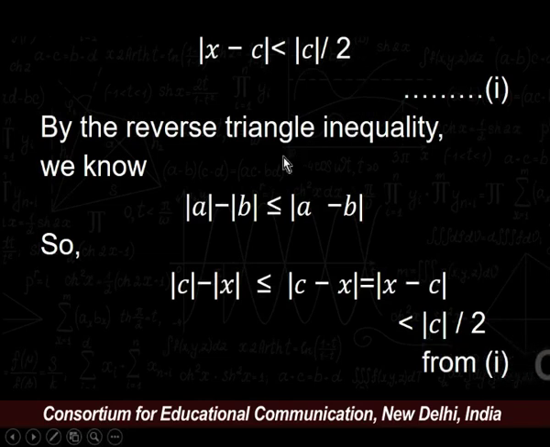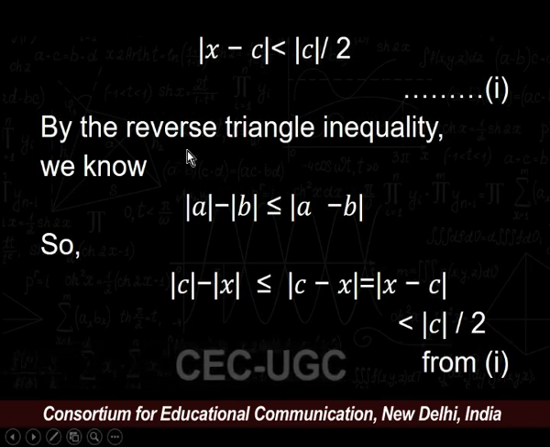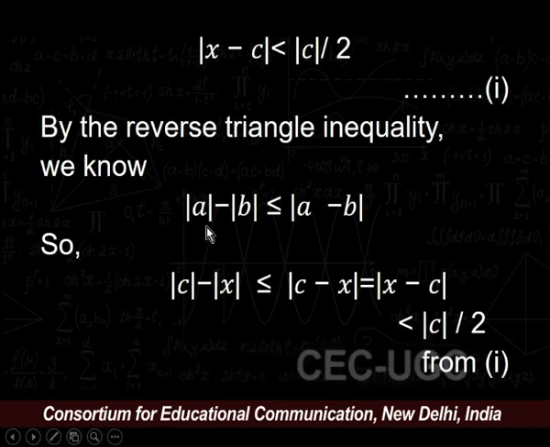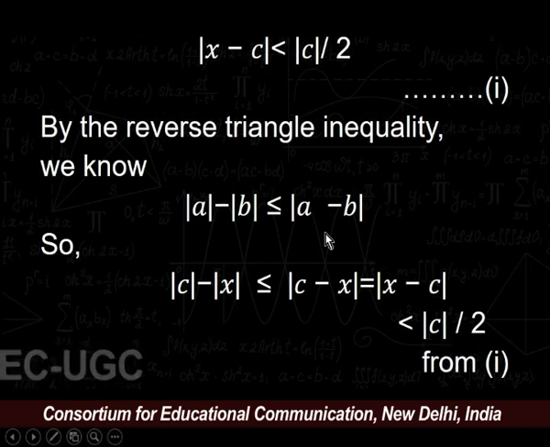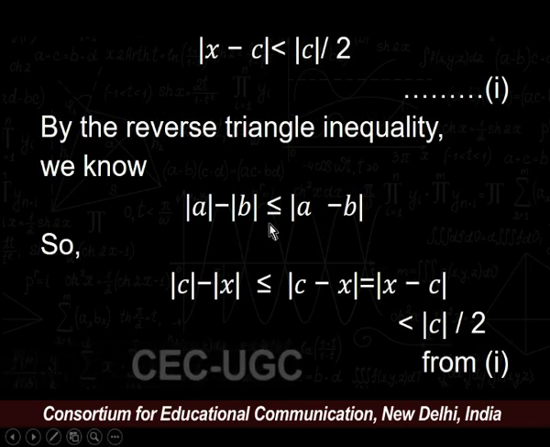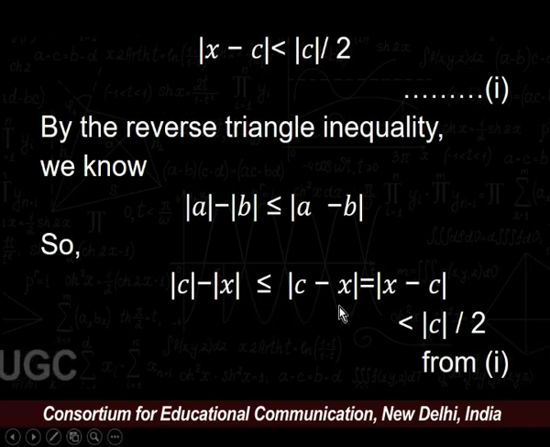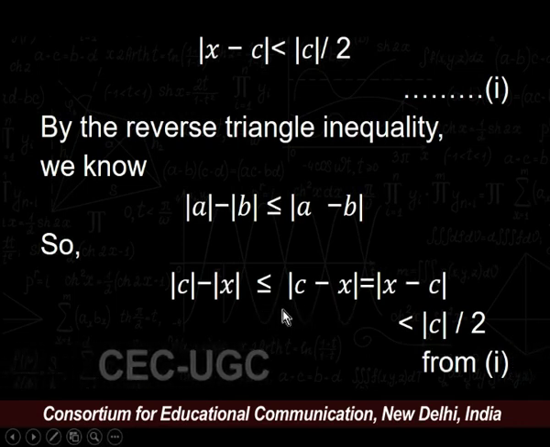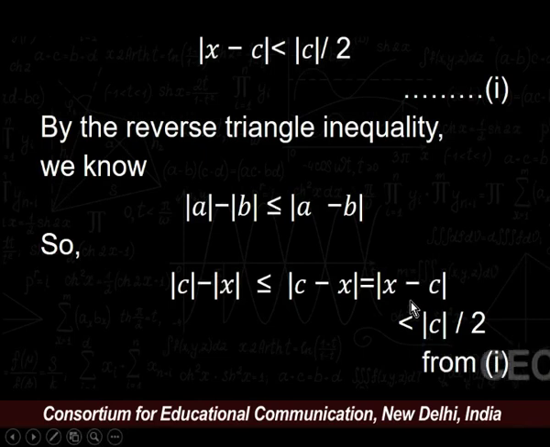Now, by the reverse triangle inequality, which says ||a| - |b|| is less than or equal to |a - b|, we get |c| - |x| is less than or equal to |c - x|, and |c - x| is nothing but |x - c|.